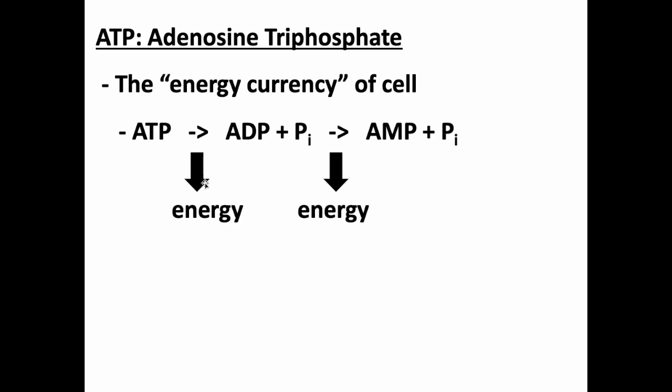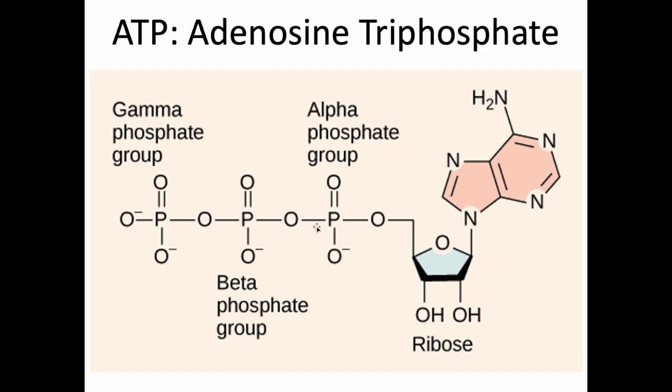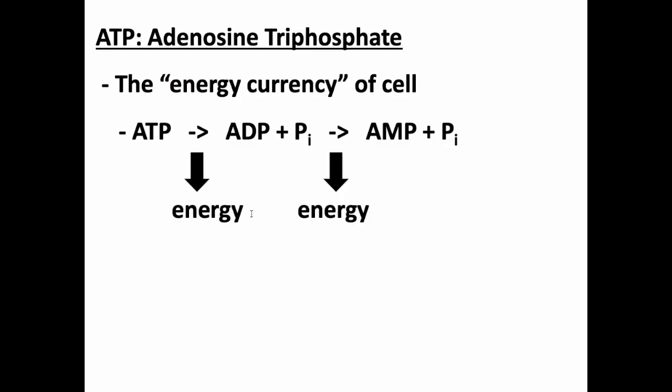But this reaction releases a bunch of good energy. Remember, there are 2 high energy bonds, so we can do this a second time. If you take ADP and you rip off this phosphate from the first phosphate, you're going to have another loose phosphate, and you're going to have a molecule called adenosine monophosphate. Only 1 phosphate left, and that, of course, also releases a bunch of energy.